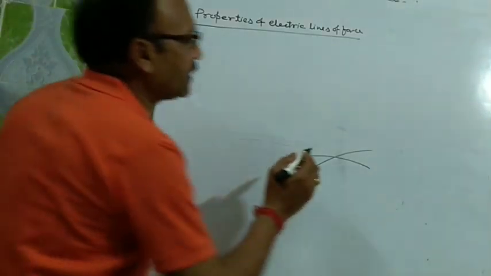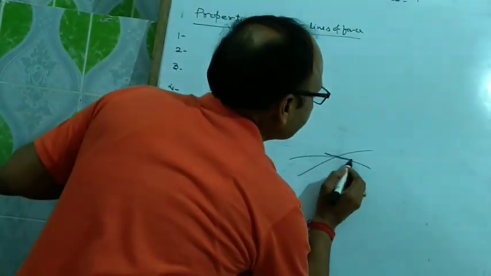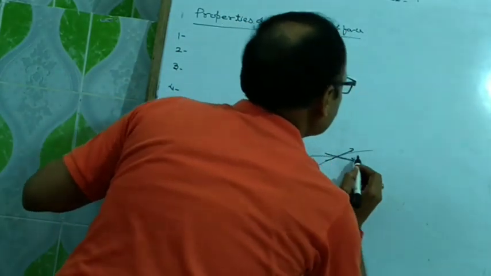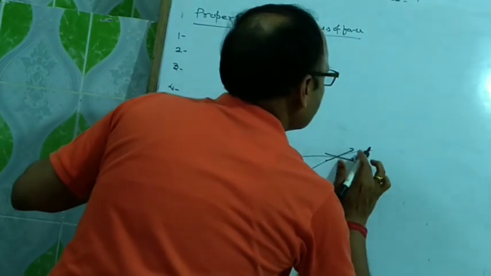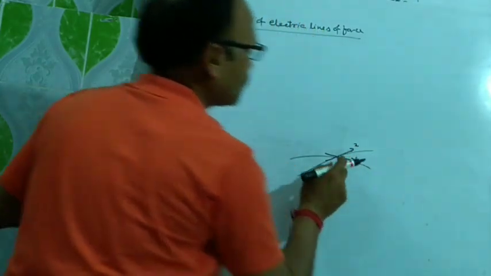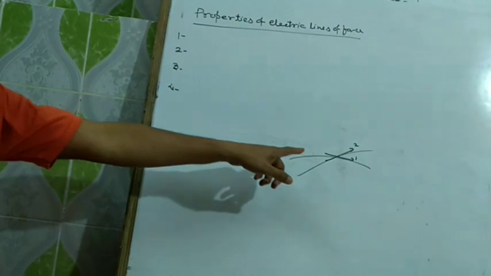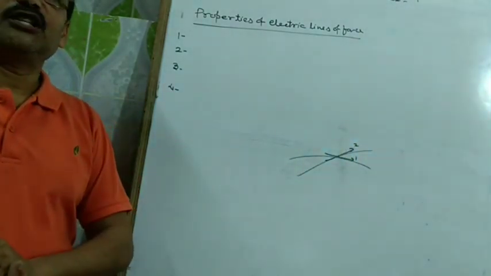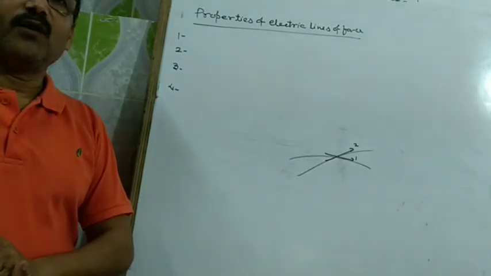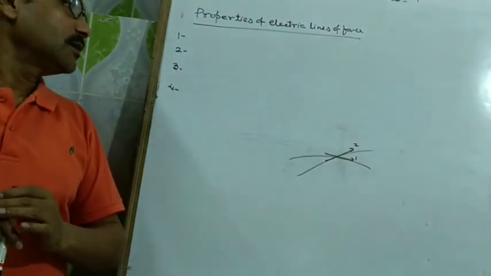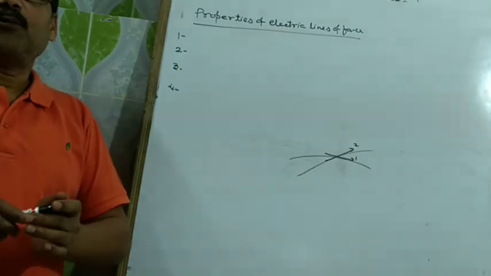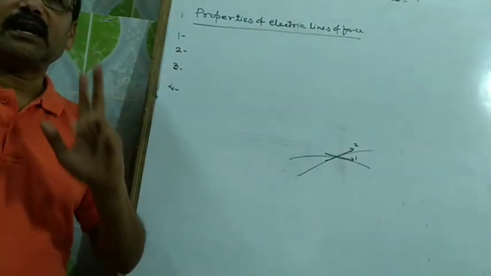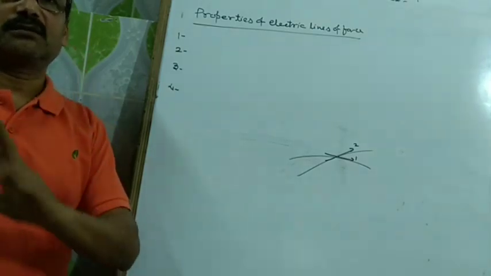At the point of intersection there will be two tangents. It means one is this, the other is this. So there will be two electric fields at this point, which is not possible. Why? Because at a point two or more electric fields never exist.